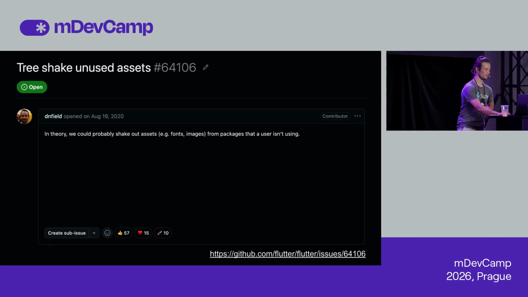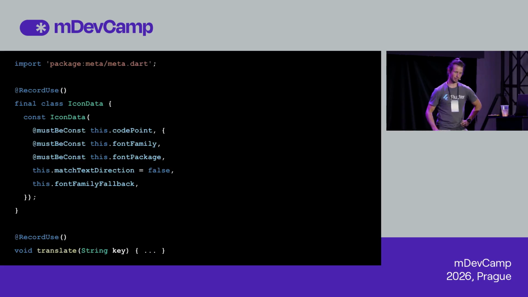But someone filed an issue. In theory, we could probably use this technology to shake any kind of assets. And that thing got a lot of upvotes, and nothing happened, but something should happen. So I recently started working on this, and I see that my time is running slow, so I'm going to speed up. Are you ready for less sugar and more speed?